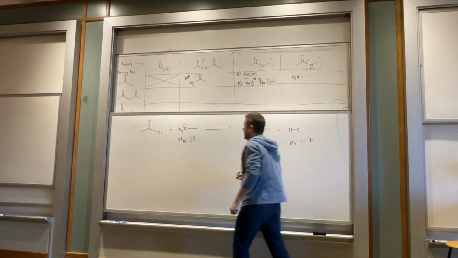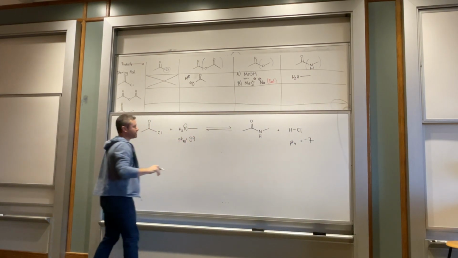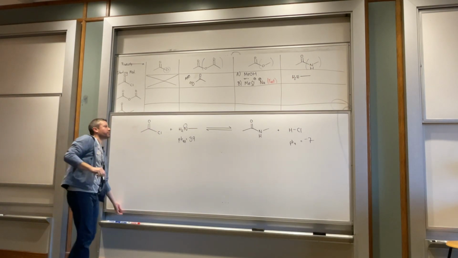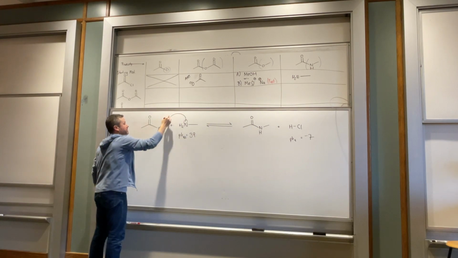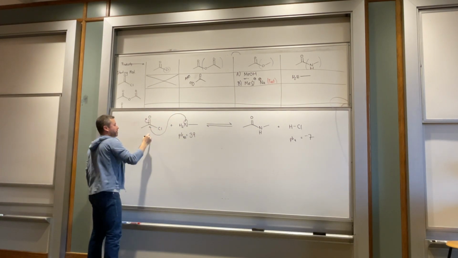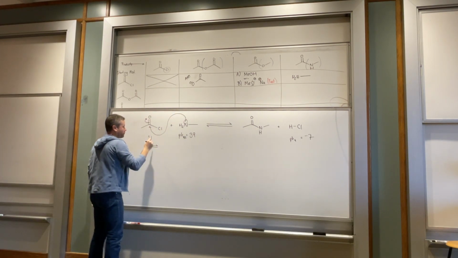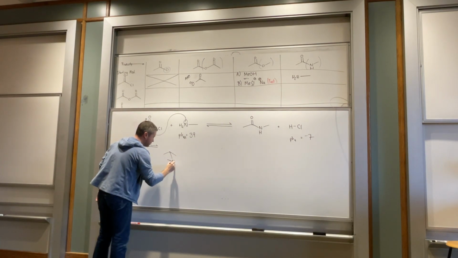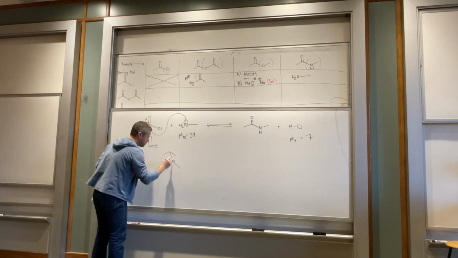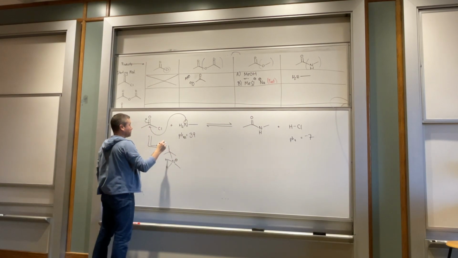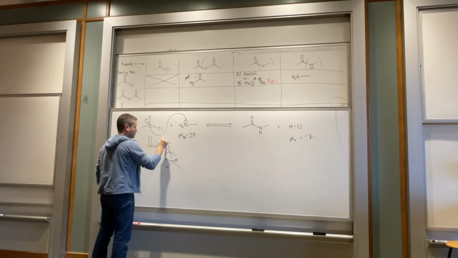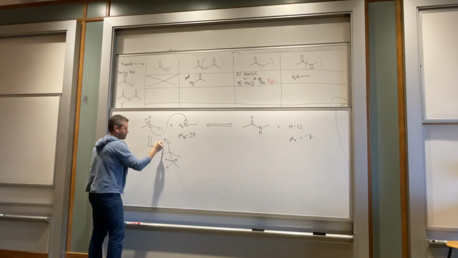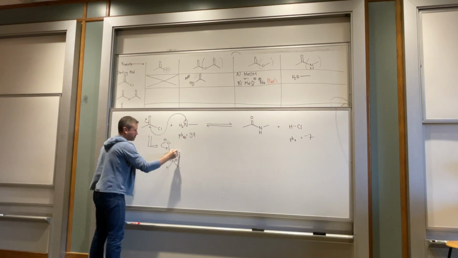Right, the thing that I want to point out about this reaction is the mechanism. The mechanism tells us something pretty important about this reaction. So if we go through the mechanism, we're going to add to the carbonyl carbon, form the tetrahedral intermediate, and then we're going to kick out the chloride.